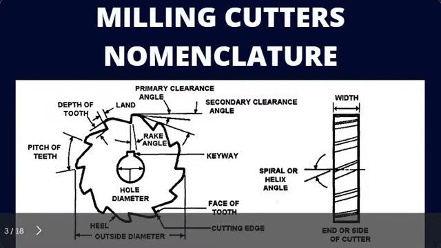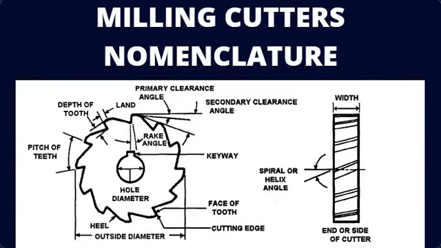We have also the rake angle, which is the angle formed between the face of the tooth and the center line of the cutter. The rake angle defines the cutting edge and provides a path for chips that are cut from the workpiece.